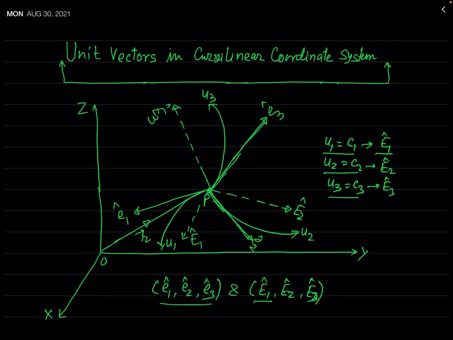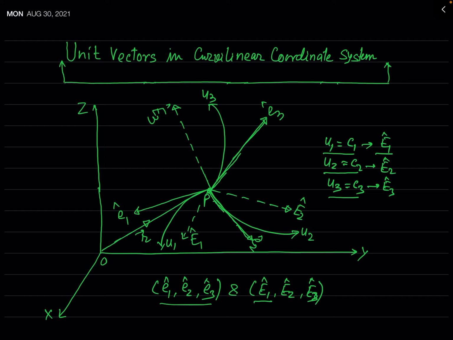So these are the two sets of unit vectors which will be used in the discussion of the theory of curvilinear coordinate systems. In fact, these two sets of unit vectors become identical when the coordinate system is orthogonal, and in practice almost everywhere we consider an orthogonal coordinate system.